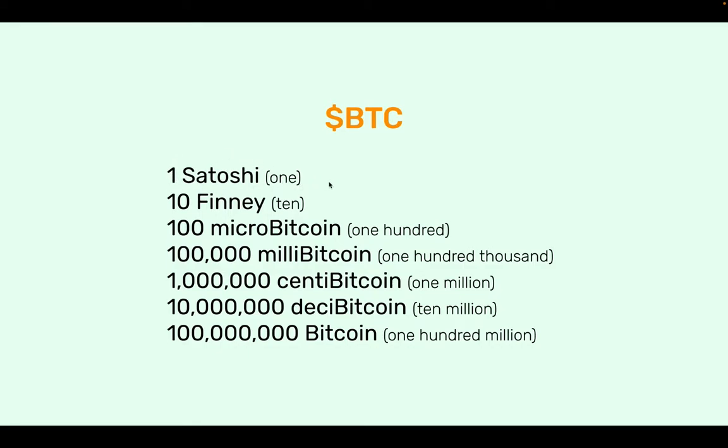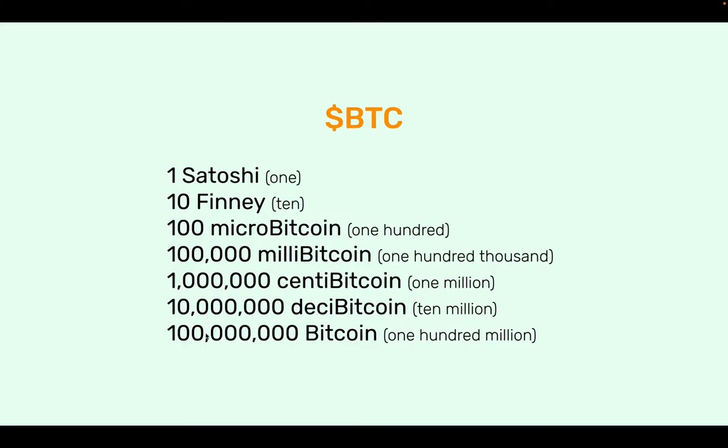1 Satoshi is a 100 millionth part of 1 Bitcoin. Bitcoin also, when it's traded in exchanges or when it's used in apps or in the economy in general, its symbol is usually $BTC.